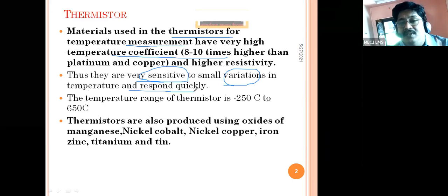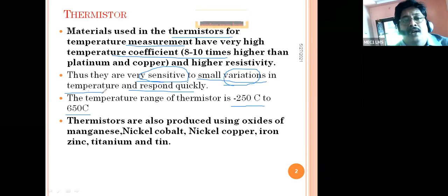The temperature range of a thermistor is minus 250 degrees centigrade to 650 degrees centigrade, so it works within that limit only.